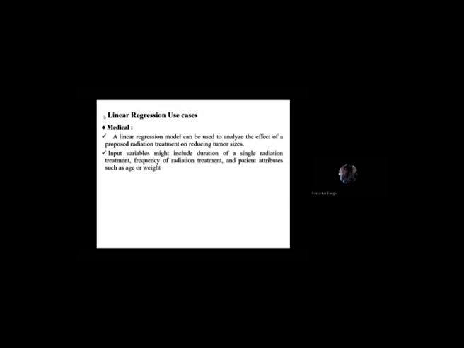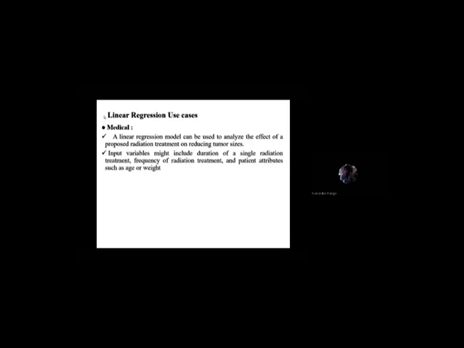They can use regression techniques to identify the level of radiation that has to be given to a patient. In this case, the input variables may include the duration of a single radiation treatment, frequency of radiation treatment, and patient attributes such as age and weight.